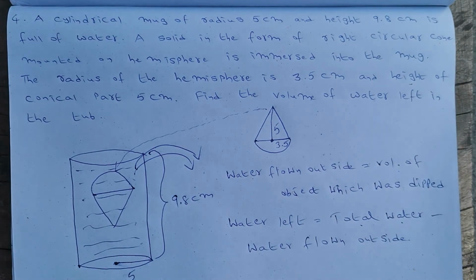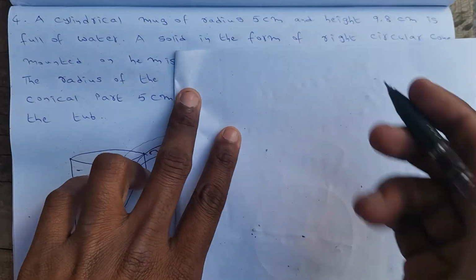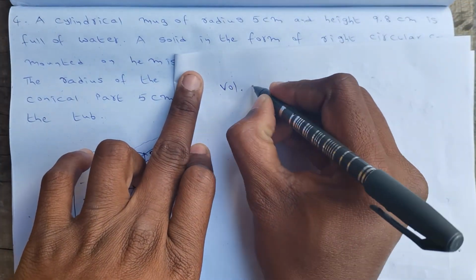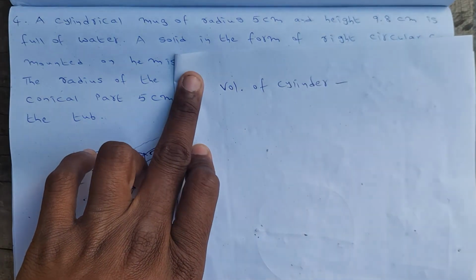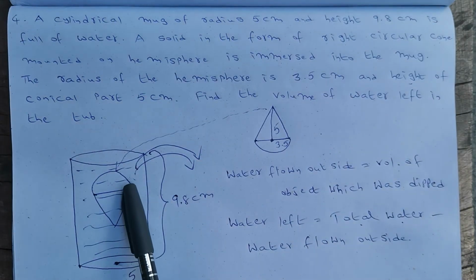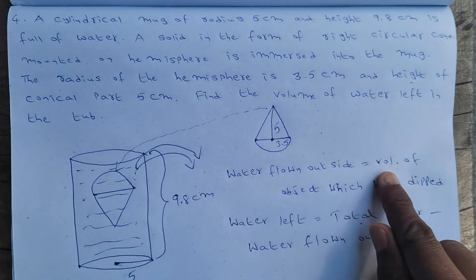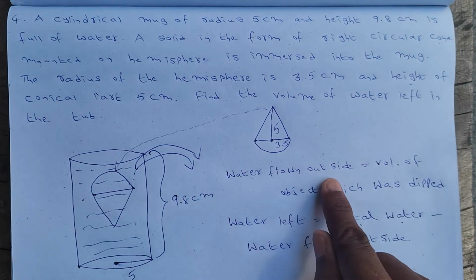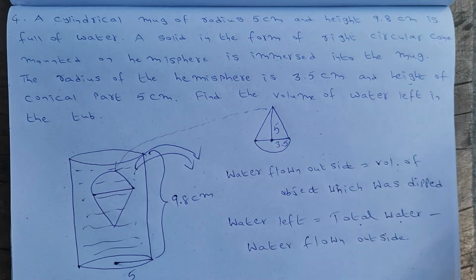So we need to find out the volume of the cylinder, minus the water which is flowing outside of it. Already we know the volume of water flown outside is exactly equal to the volume of the object which was dipped.